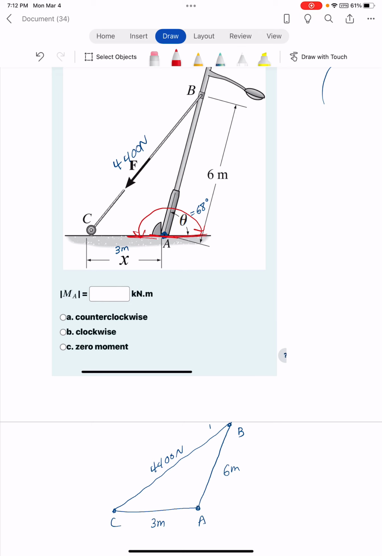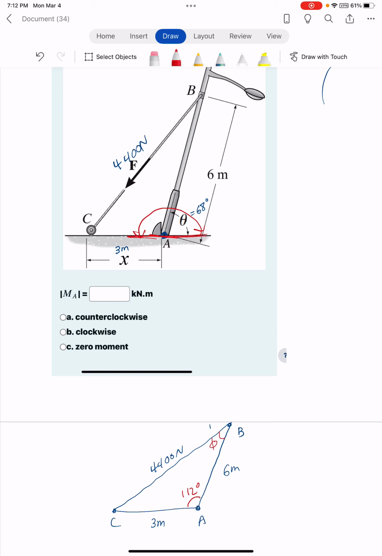So 180 minus 68, and this is now 112 degrees. Okay, there is an angle here that I don't know. Let's make it phi.